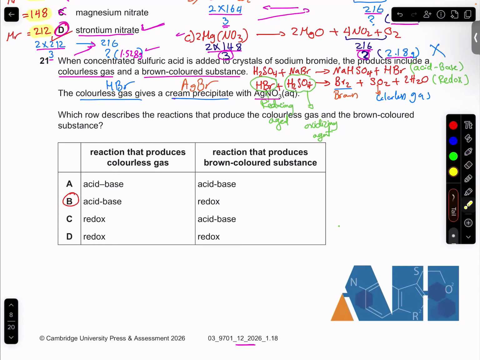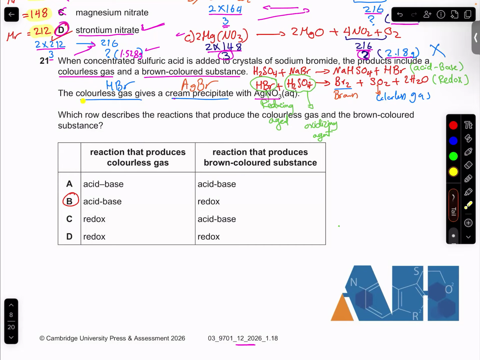So if we look at the first reaction, concentrated sulfuric acid is added to sodium bromide. We know that when sulfuric acid is added to sodium bromide, sodium hydrogen sulfate and hydrogen bromide are formed, and the hydrogen bromide is a colorless gas.